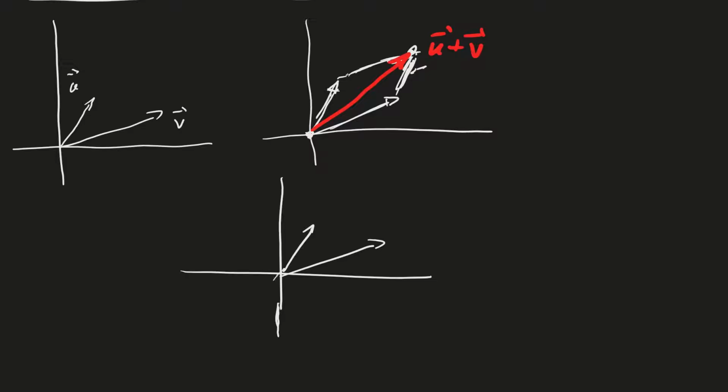So I would draw minus U first, and so that's just taking U down here, so that's minus U. Okay, and now I can draw the sum, or my parallelogram here, and then we see that the resulting vector here is going to be V plus minus U. Right, good.